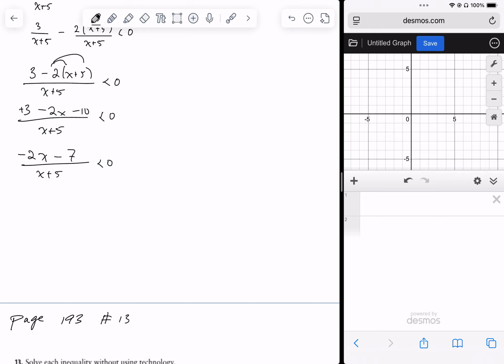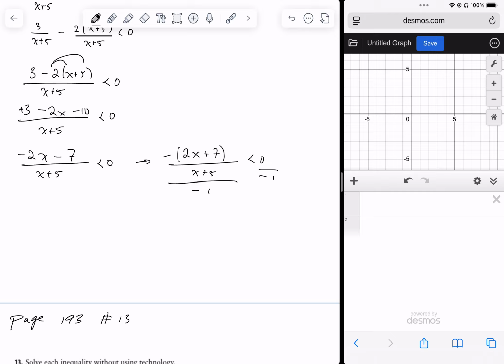We discussed in class, and I'm going to take this opportunity to talk about it. I could factor a negative out of the numerator, and I'd be left with 2x plus 7 over x plus 5 is less than 0. When we've worked with inequalities in the past, if I were to try and get rid of that negative, I'd divide both sides by negative 1, or multiply by negative 1.